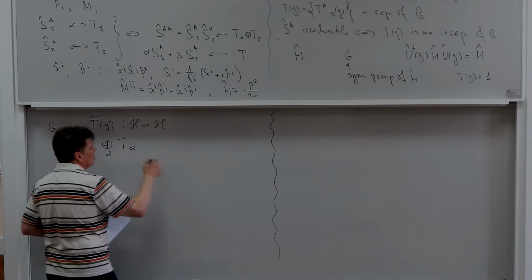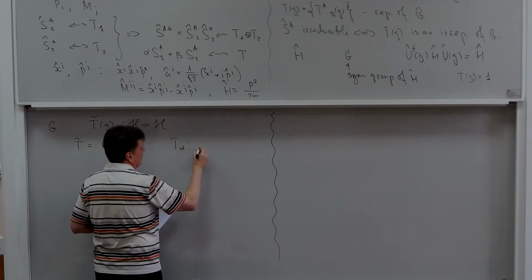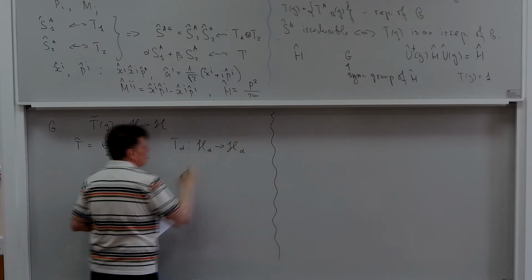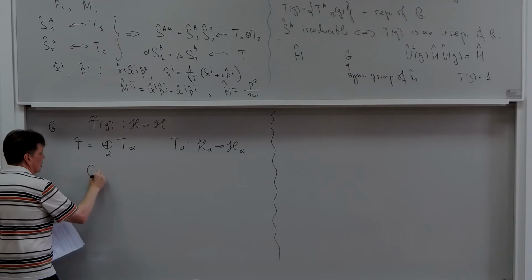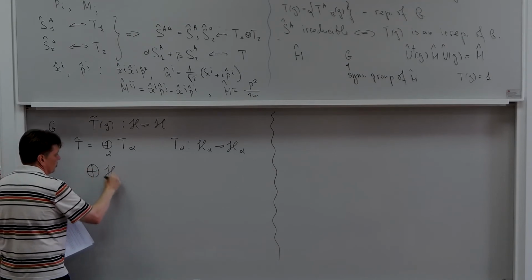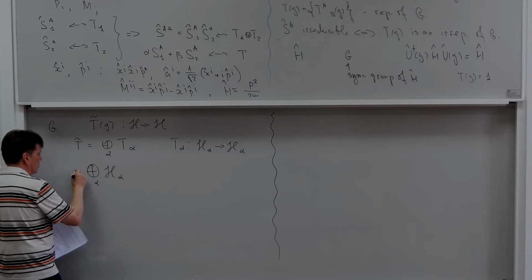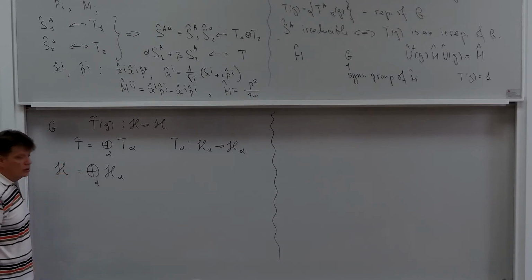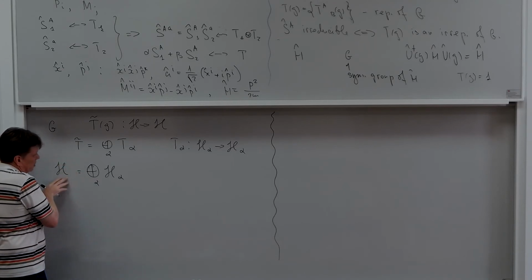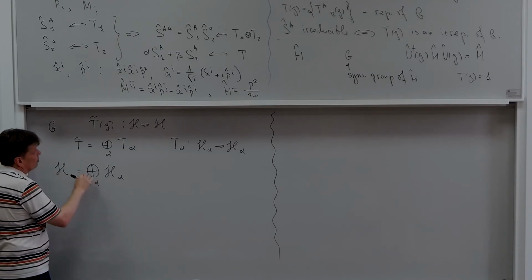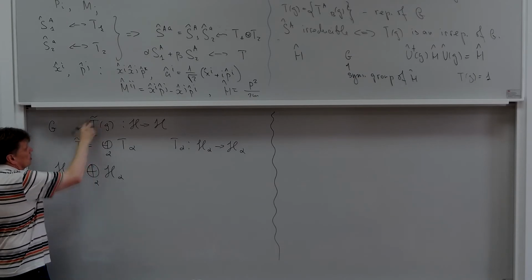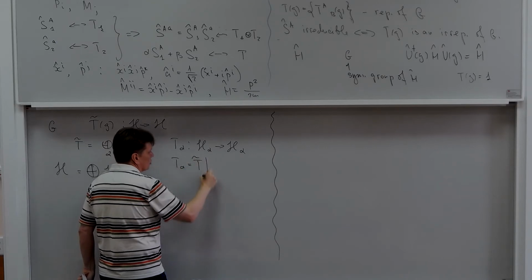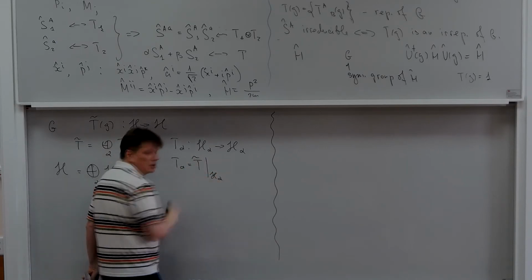So each T alpha acts in an invariant subspace H alpha, so that the direct sum of all these subspaces H alpha gives me the full Hilbert space H. So we decompose the space H into the direct sum of invariant subspaces for the representation T tilde, and T alpha is just the restriction of T tilde to the invariant subspace.